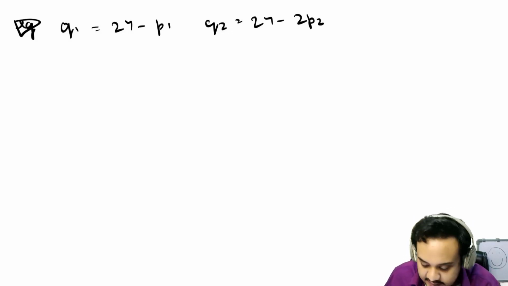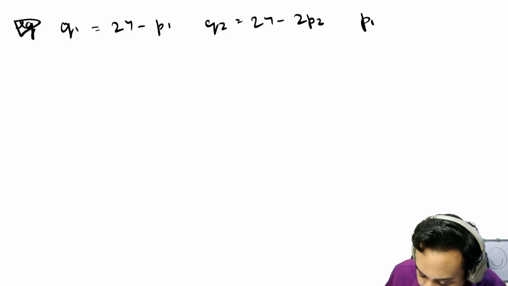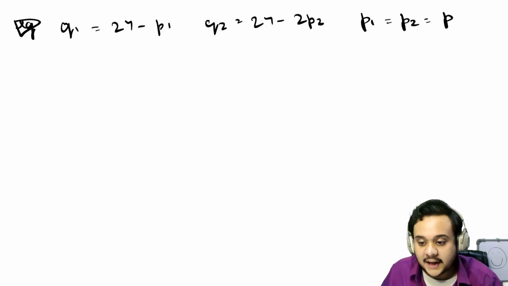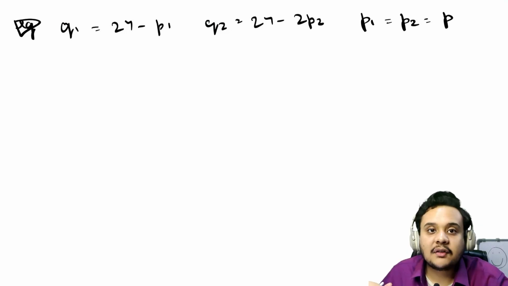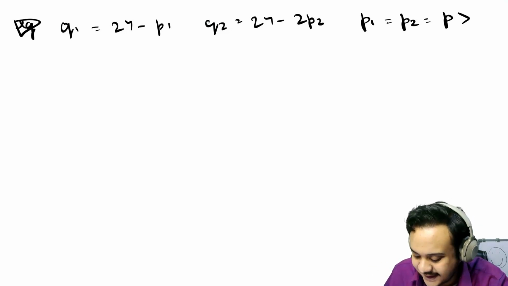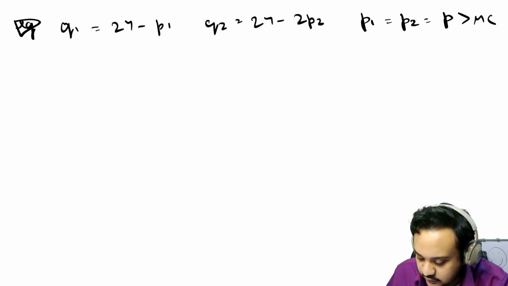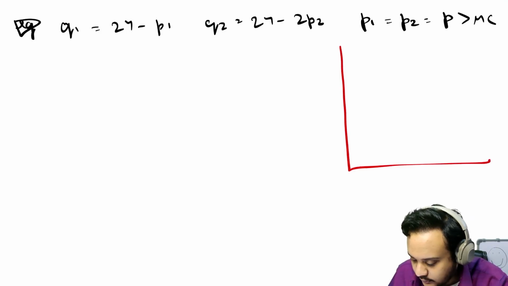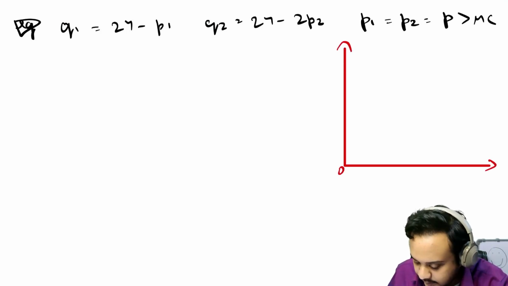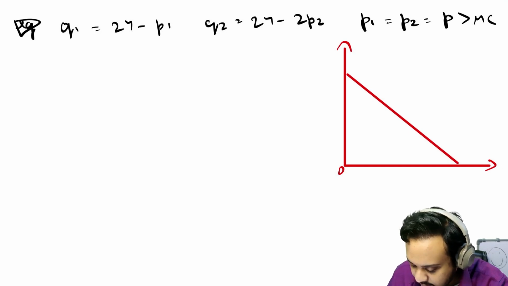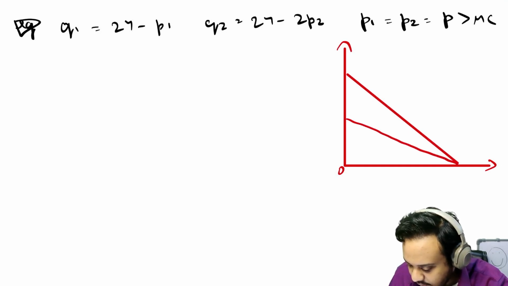So this time we are saying that price 1 and price 2 are equal to a price P, which is set at a level above the marginal cost. It is greater than the marginal cost. So if you were to draw the diagram, how do you think it is going to look? Last time we saw that this was 24. This began at 12 and it ended at 24, right?